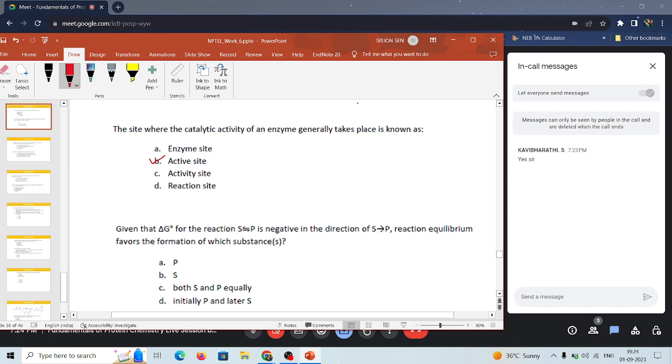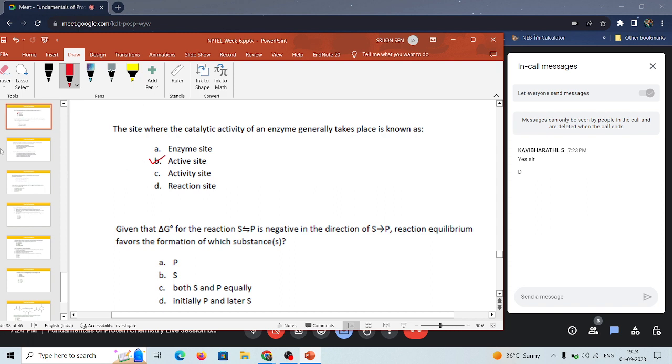So delta G naught is negative, and that means the reaction is feasible enough. So from substrate it is going to the product. What substance will you get in more amount if your delta G naught is negative? That is what it asks. If you say initially P and later S, no, that is not correct.